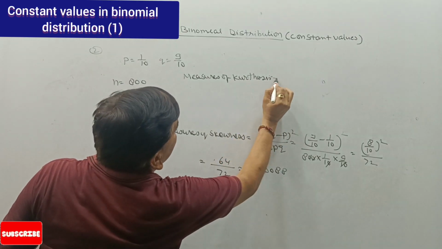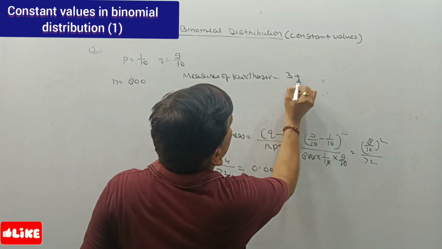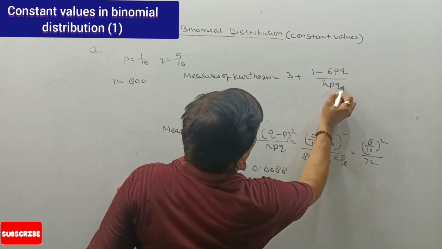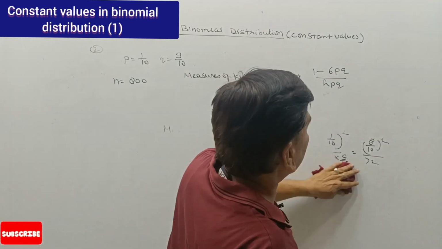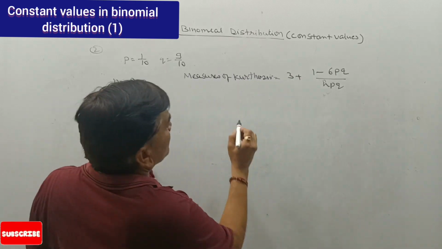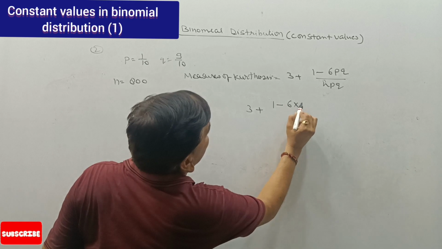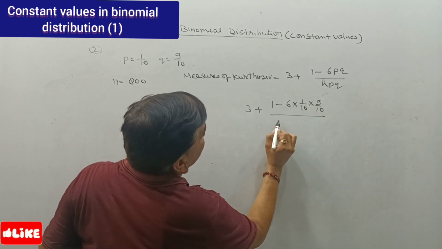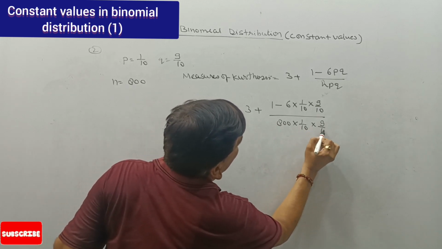Okay. If we want to calculate the measures of kurtosis, the formula is 3 plus 1 minus 6pq upon npq. So we will apply the formula. So 3 plus 1 minus 6 multiply 1 by 10 multiply 9 by 10 divided by 800 multiply 1 by 10 multiply 9 by 10.